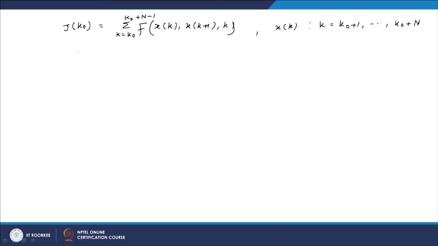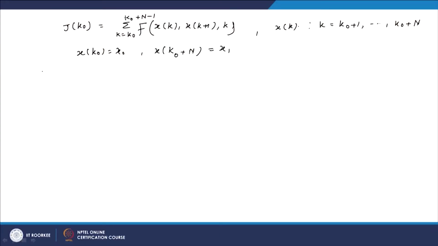If you are given the initial value x of k as x0 and the final position x of k0 plus n as x1, at the initial instant k0 and the final instant k0 plus n, then how do we minimize the functional J of k0 given in this expression?